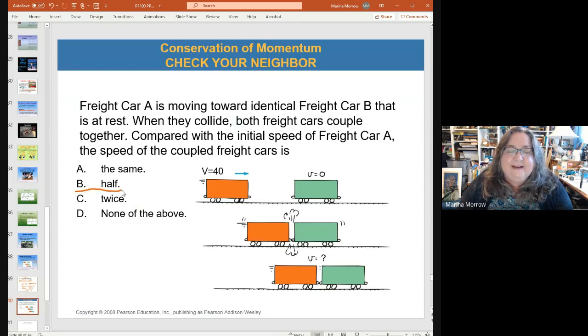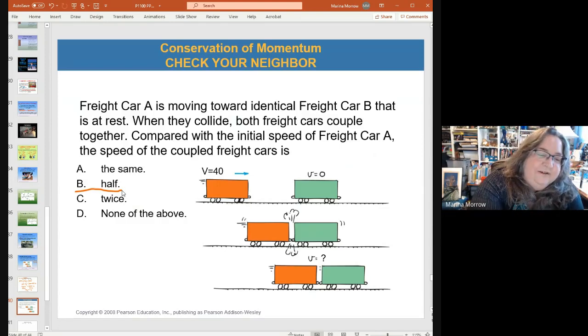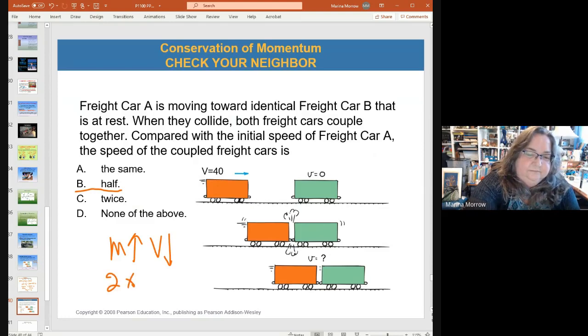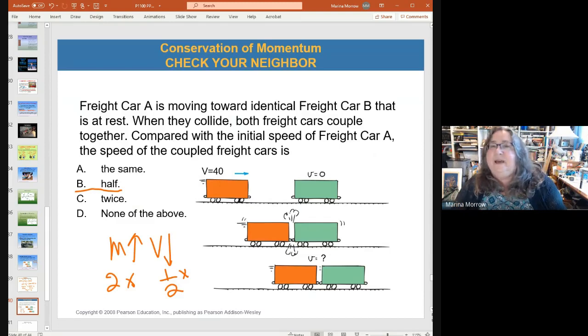The velocity is half as much because the mass has increased by 2, so the momentum has to stay the same. Since the mass is doubled, the velocity is half as much. One goes up, the other goes down, but the same amount of momentum before and after.